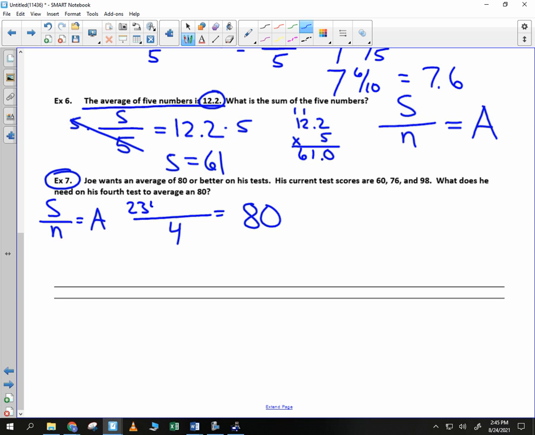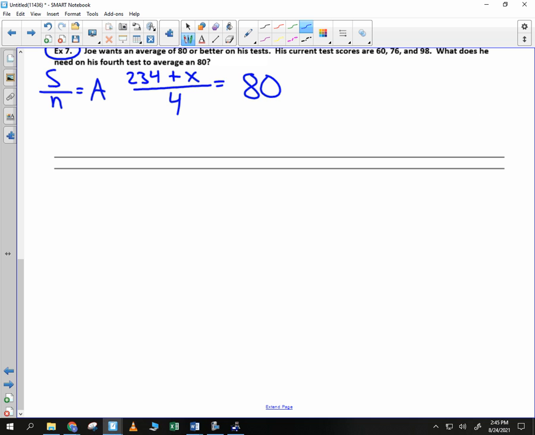We want, so we need plus x, whatever that 4th test would be. In order to solve that, what do we need to do to both sides? Multiply by 4. So if we multiply both sides by 4, notice the 4's cancel, and you're left with 234 plus x is equal to 320.